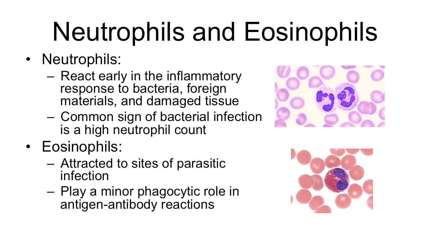Eosinophils are another one of the granulocytes that are able to attack cells. They often are involved in the responses of the immune system against parasitic infections. Eosinophils play a minor role in phagocytic activity, especially in antigen-antibody mediated reactions.